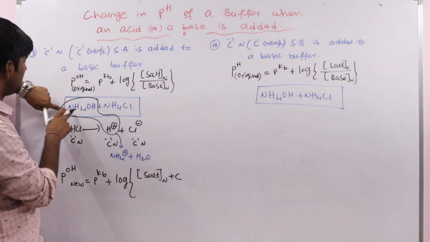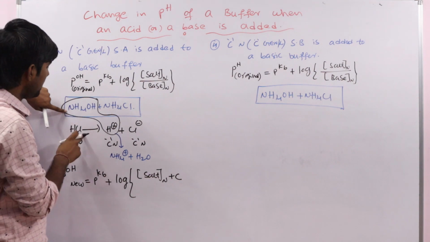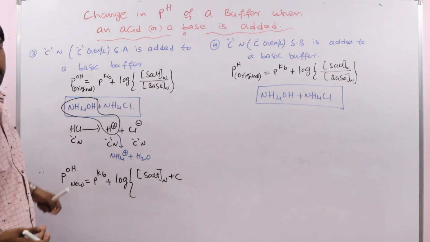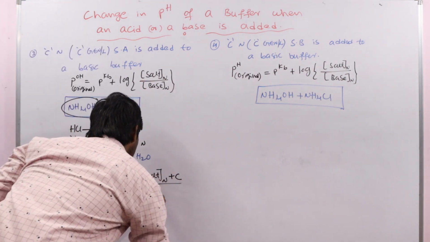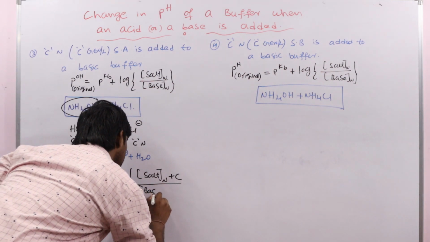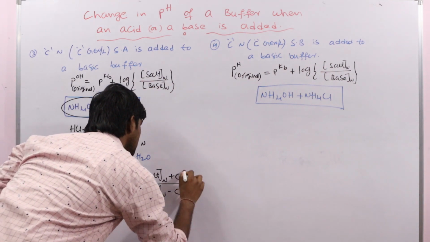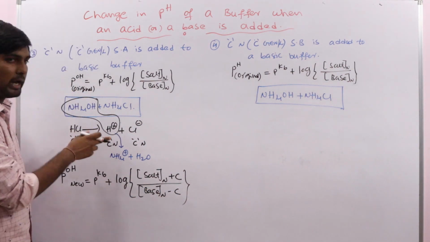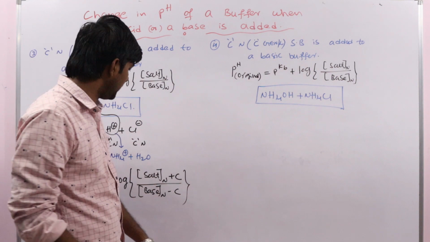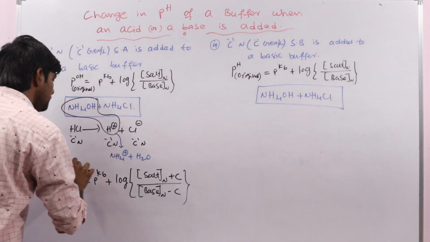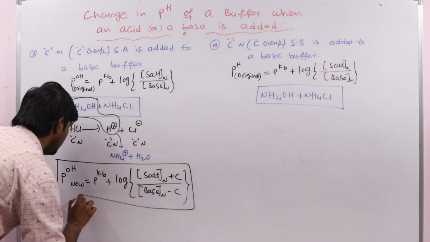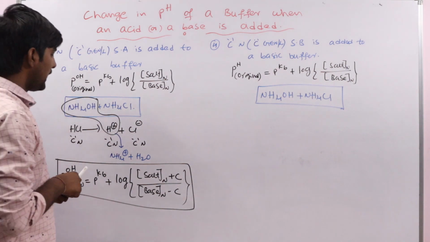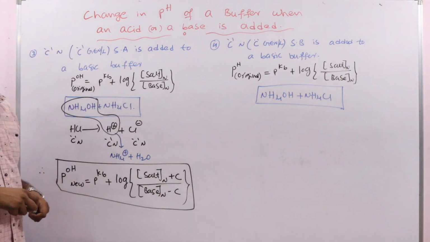Due to the reaction between the weak base present in the buffer system and H+ ions which are added from the outside. The base concentration becomes concentration of base minus C, because this much base is reacting with the acid which you are adding from the outside. So this is the new pOH formula after addition of strong acid to the basic buffer.